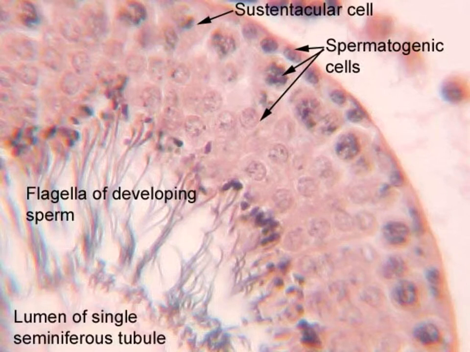This is a close-up of the previous slide where we can see our basement membrane, the entire structure being the seminiferous tubules. We see our dark dots as our spermatogonium. Moving towards the center, we will have our spermatids.